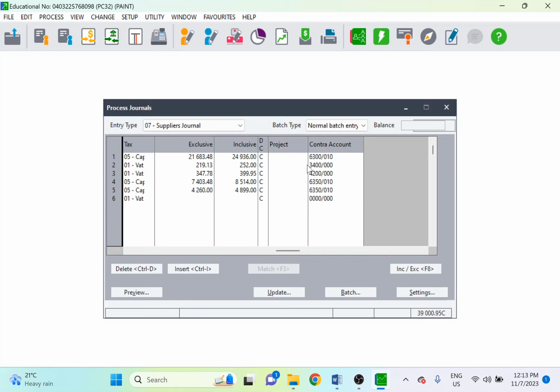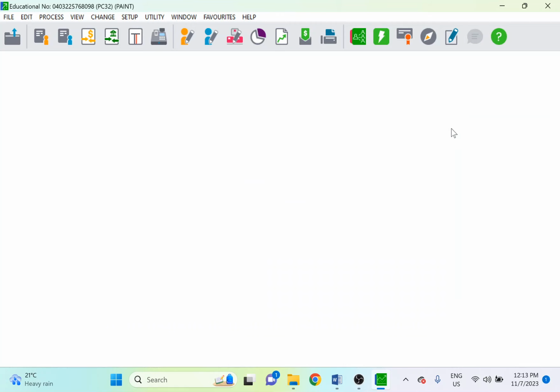The last 5 marks, it's for contra account, 1 mark for each contra account. Once you are done, you click print, you print the journal with contrast, and then you are done.